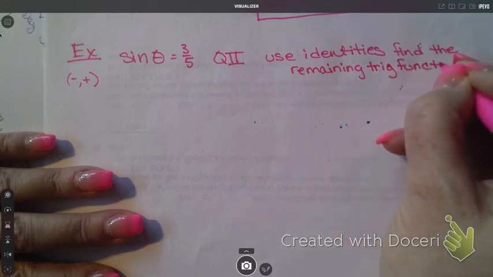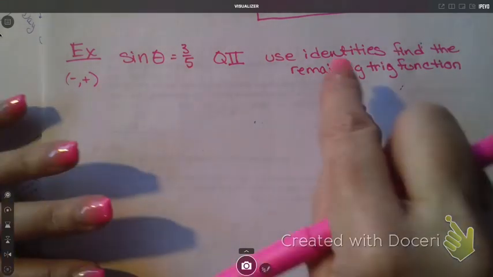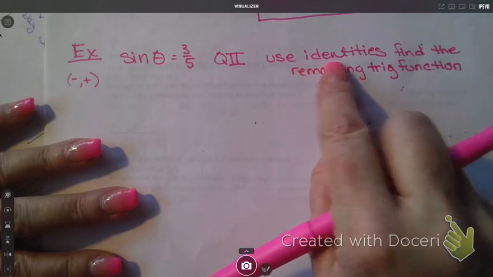Now, when I say trig functions, in your brain, are you going sine, cosine, tangent, secant, cosecant, cotangent? You should be. Not all problems say find the remaining. Some are just find sine, find cosine, but then others are find the remaining. So we might as well just do the remaining, right? With identities.